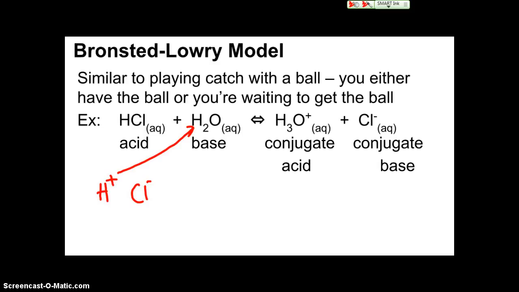So that's what we see over here: H2O with an extra hydrogen and a +1 charge, and the Cl minus ion left all alone. So the HCl lost its H plus, so the acid became, oops, I'm sorry, I didn't take my arrow far enough. Your acid becomes the base, and your base becomes the acid.